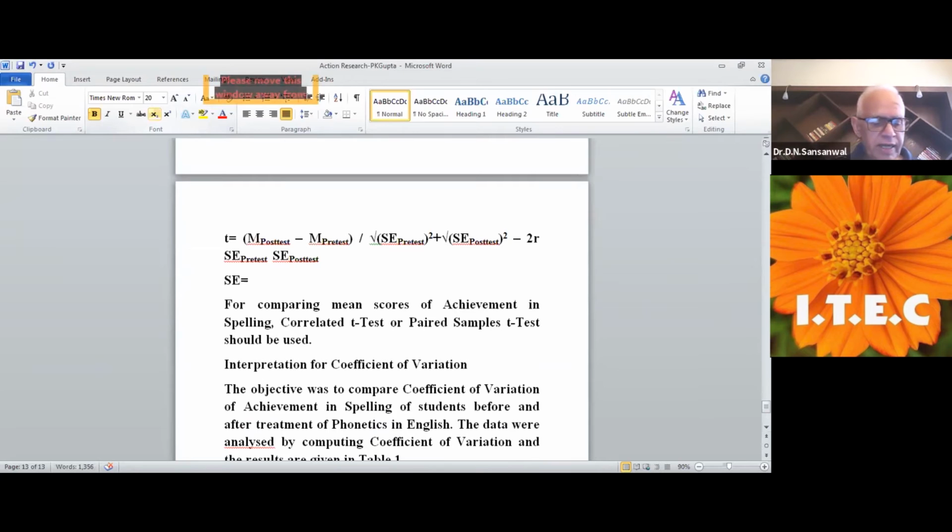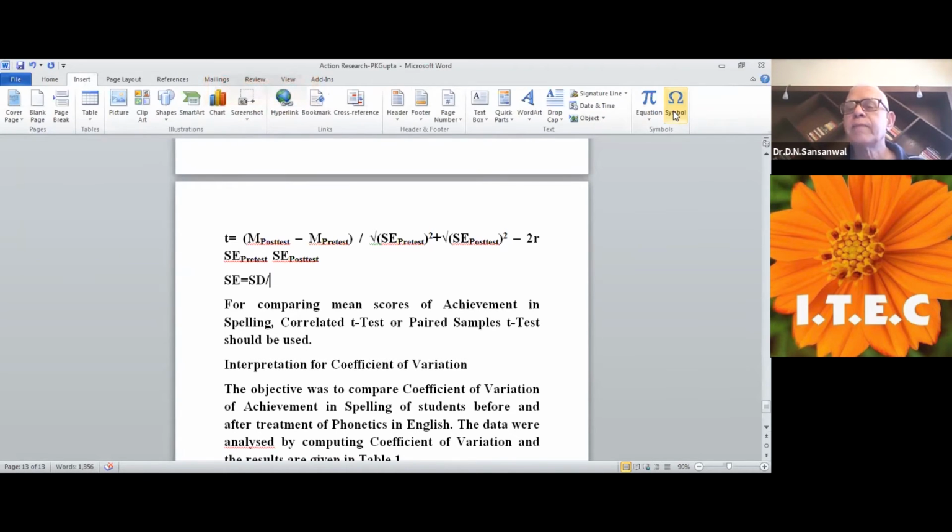The standard error is equal to the standard deviation divided by the square root of n minus 1. So let me first insert the square root, that's much better. You have the square root of n minus 1.